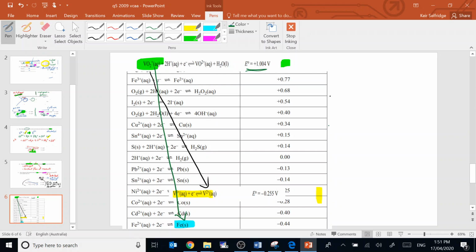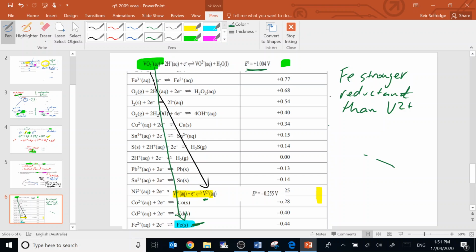So the answer that they're looking for in this is I want you to be able to say that Fe is a stronger reductant than your V2 plus. Basically, the Fe is lower down than the V2 plus.